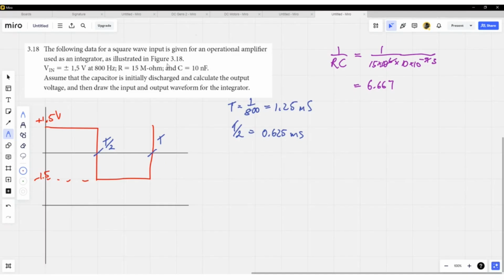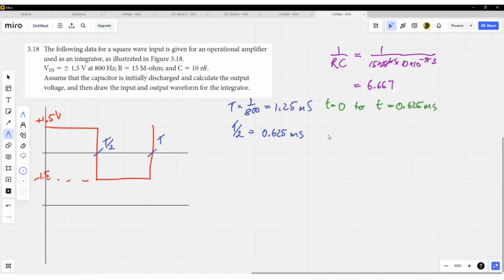And yeah, so now we can do our calculation here. For a start, you're going to work between 0 and T over 2. Sorry, for t equals 0 to t equals 0.625 milliseconds.